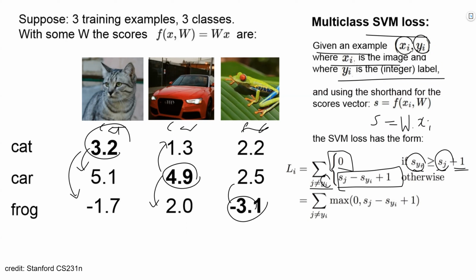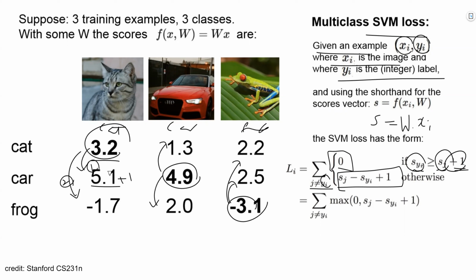This one like this. And if the margin 1 is satisfied, meaning if this score 3.2 is larger than 5.1 plus 1, then there is going to be no loss. However, that is not the case here. And therefore, there is going to be some loss. And this is the first comparison.